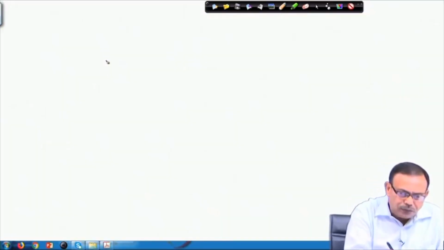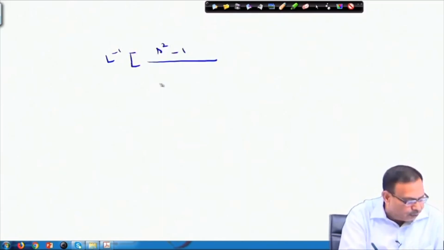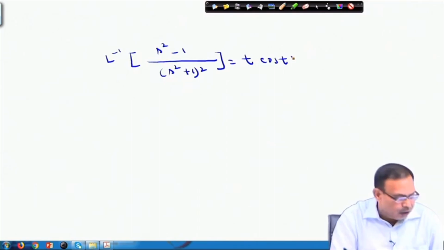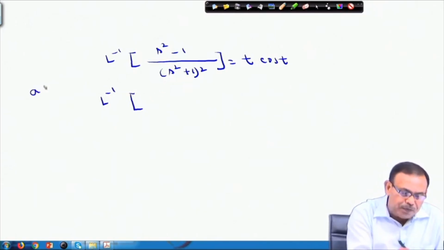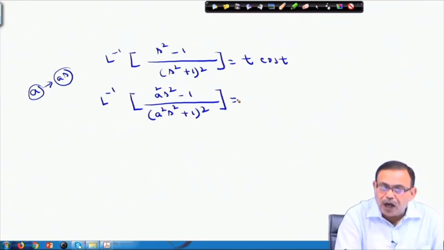For this one, Laplace inverse of (s square minus 1) by (s square plus 1) whole square, we have written as t cos t. So, if I replace s by a s, what will happen here?